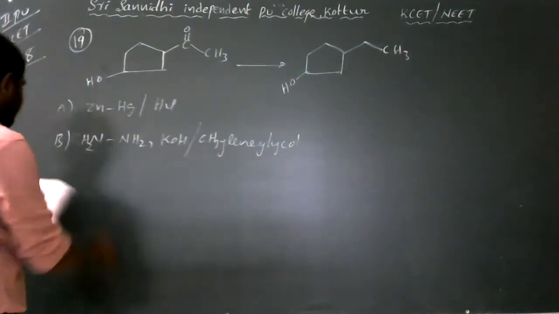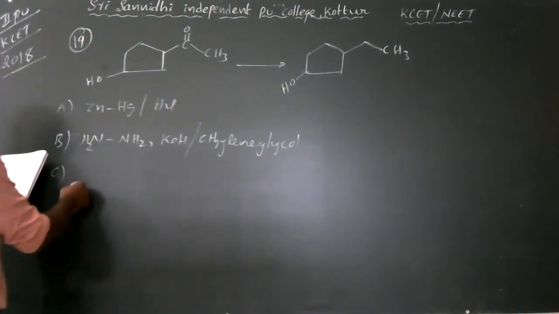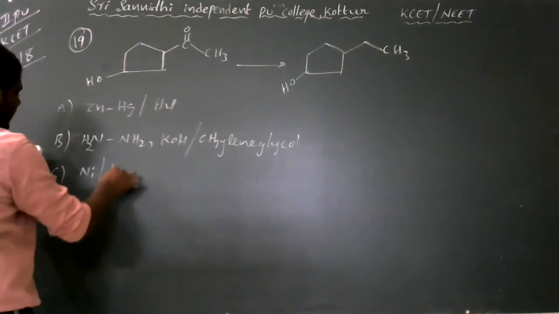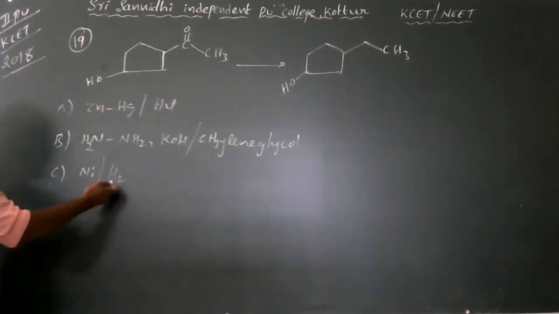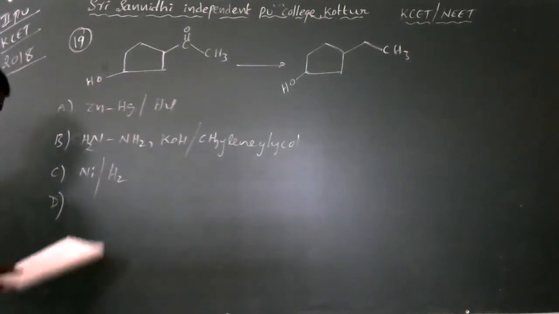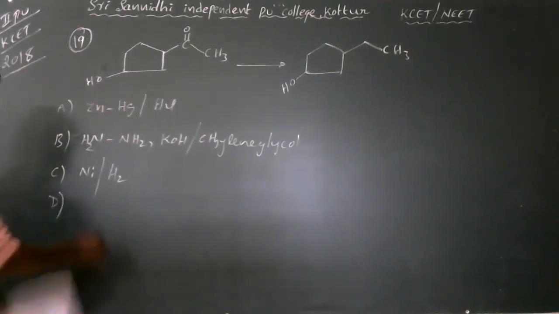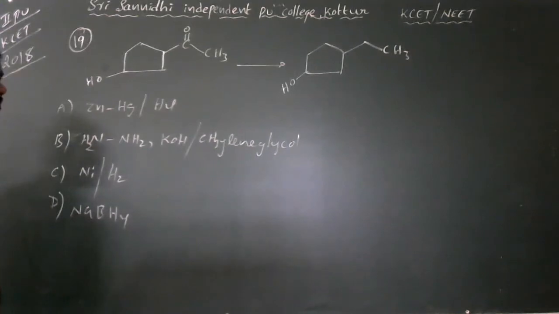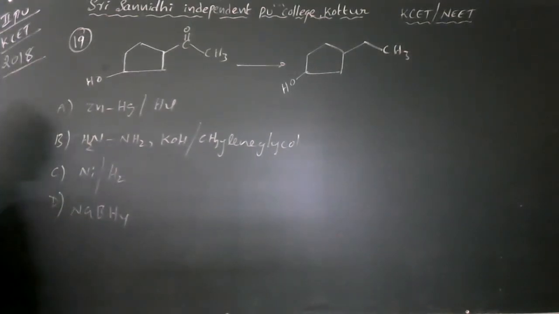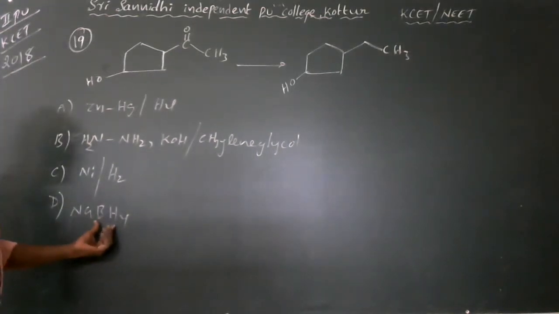Option C is nickel and H2, that is, in the presence of a nickel catalyst, reduction occurs by addition of hydrogen. Option D is NaBH4, sodium borohydride.